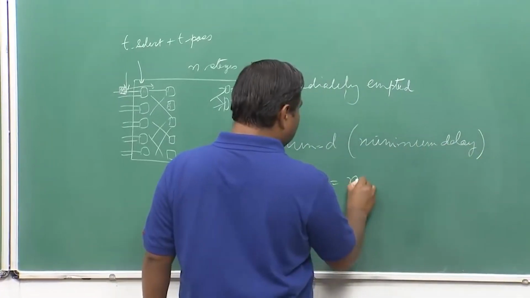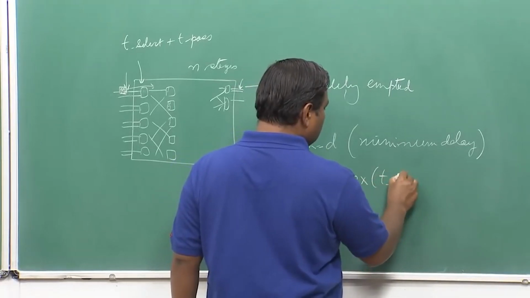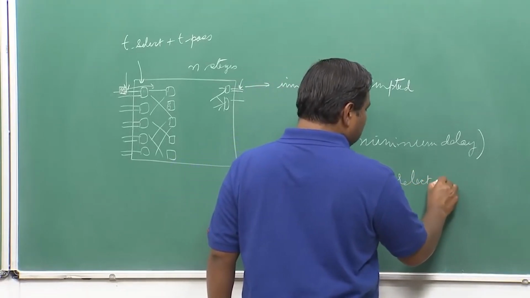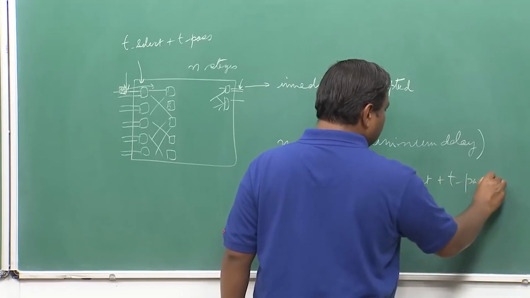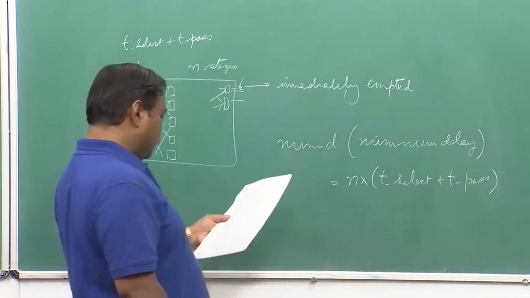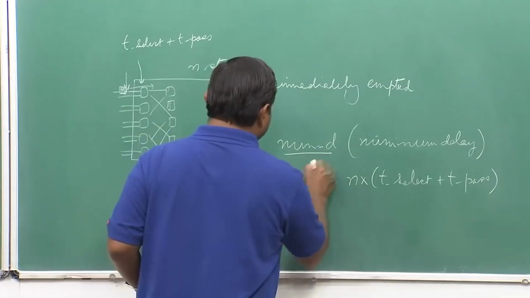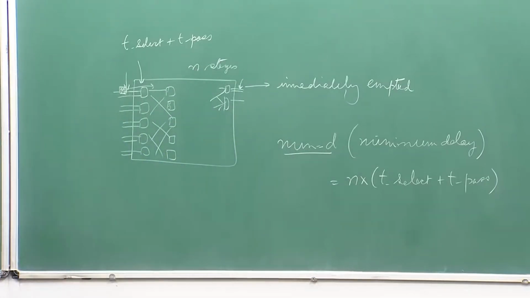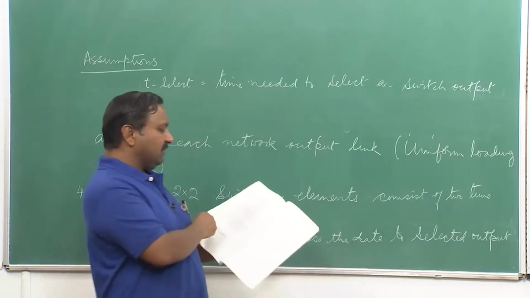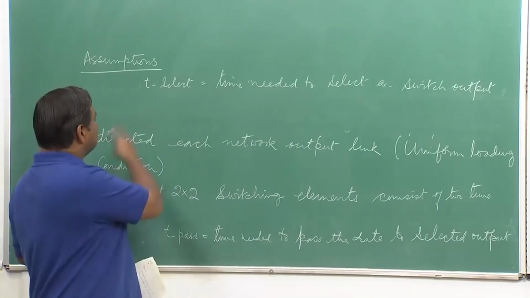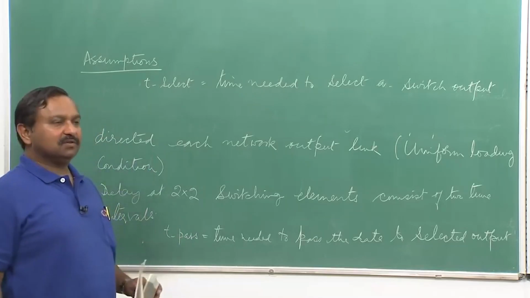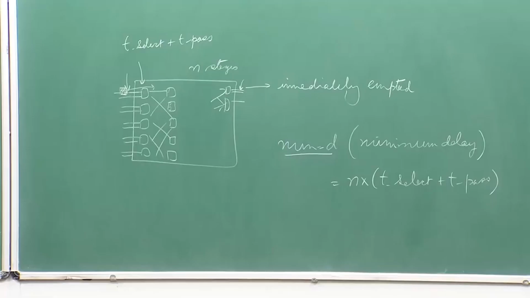So, this should be n into (T select plus T pass). We define this as min d. Okay. This will be required as a benchmark because there is a minimum delay. On average, whatever delay is suffered by a packet because of buffering, we divide by this and we get a normalized delay.